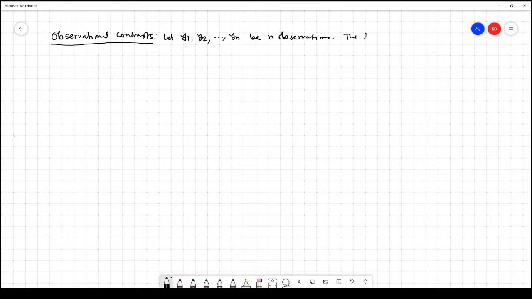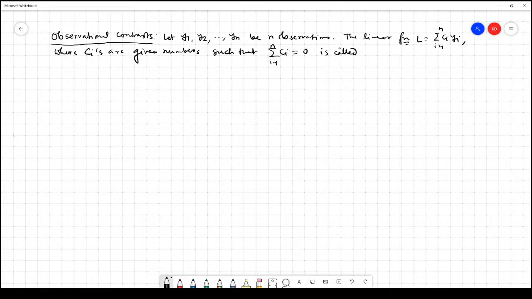The linear function L equal to sum of ci yi, i from 1 to n, where the ci's are given numbers such that the sum over i from 1 to n of ci equals 0, is called a contrast of yi's, or an observational contrast.